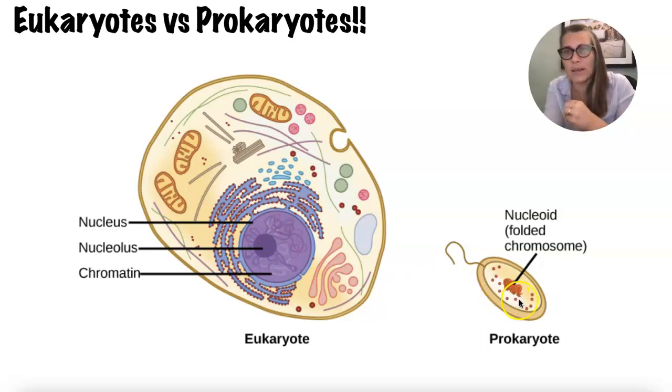Prokaryotes, on the other hand, are less complex. We're talking about bacteria and archaea in this case. They have usually a circular chromosome in the middle of the cell. They don't have a nucleus, but still their chromosome doesn't move around. It's not in any position of the cell. It's in a specific position.